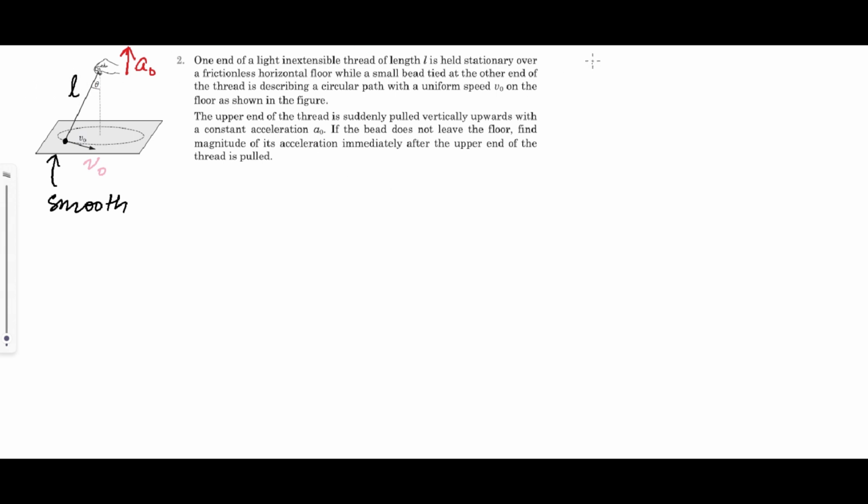The conditions are: 1. Bead does not leave the floor. What does that mean? It means that the acceleration of the bead in the vertical direction, let's just say a perpendicular, must be zero.